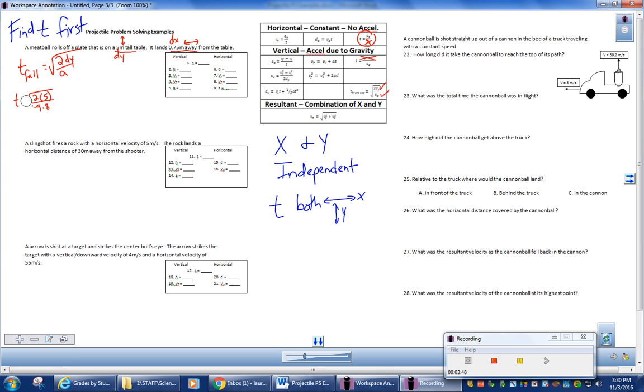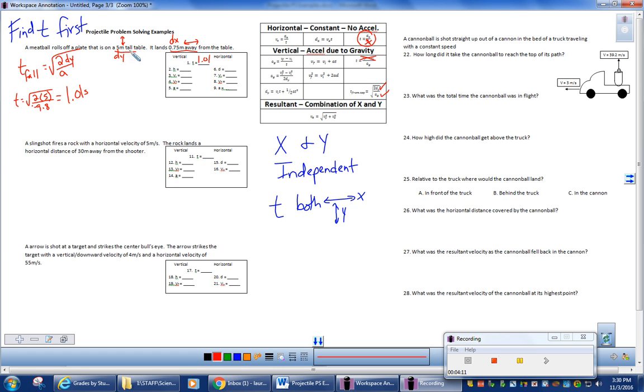So I'm going to drop that negative out and put it into the calculator. The square root of 2 times 5, well 2 times 5 is 10, so square root of 10 divided by 9.8, I'm going to come up with 1.01 seconds. So that's my time.